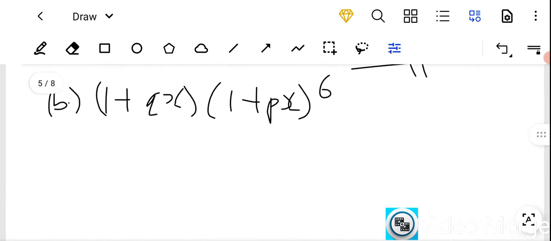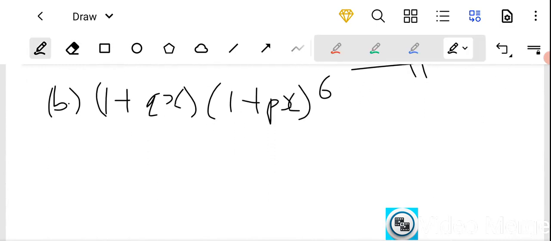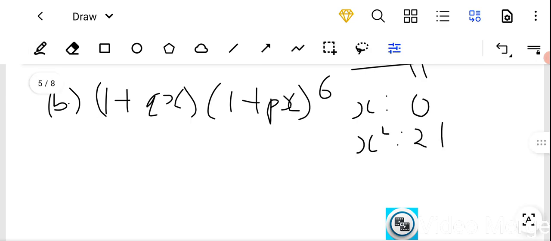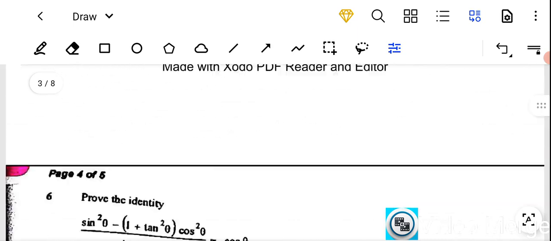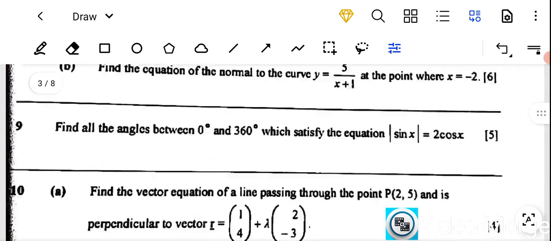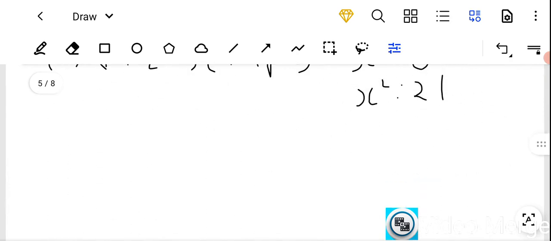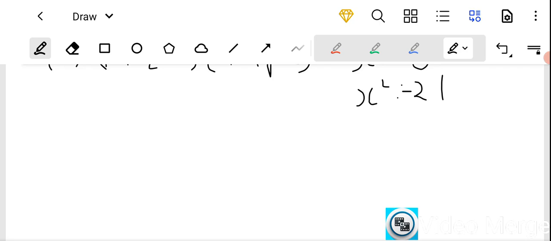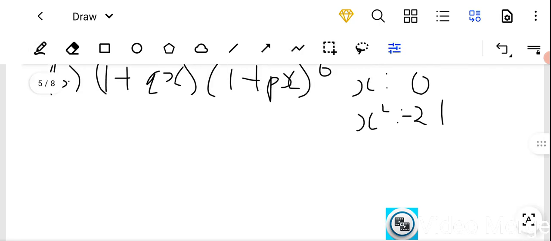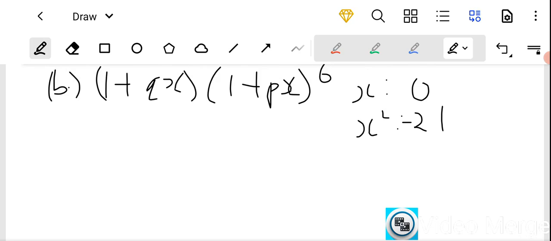So we have the coefficient of x is 0, x squared it is, let me try to confirm if it's negative 21. Negative 21, yes. So x squared is negative 21, like that. Then you just expand nicely. So you get 1 plus px raised to the 6.